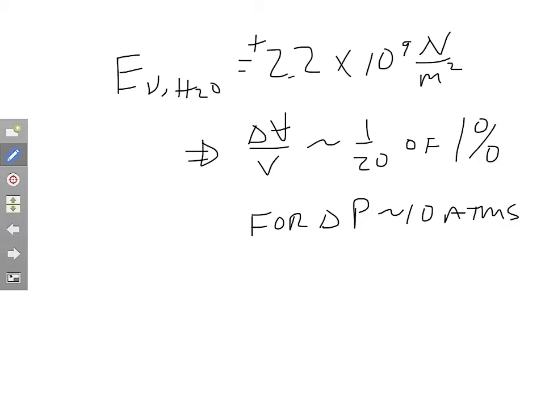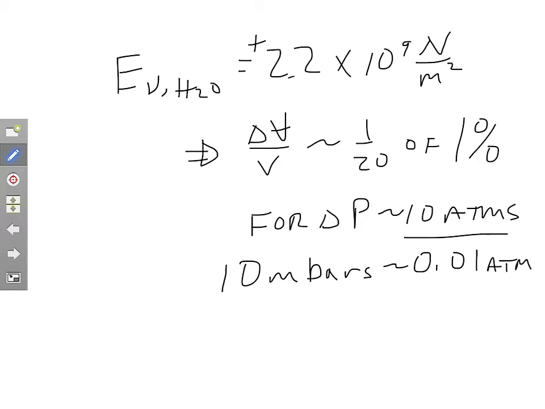Now this is a tremendous change in pressure. I'm like, 10 atmospheres, boy, that seems like a lot. Remember that one atmosphere is equal to atmospheric pressure at sea level. The types of pressure changes that we see normally day to day in the atmosphere, or say as a low and a high pressure system come through our area, is about 10 millibars, which is about 0.01 atmospheres.